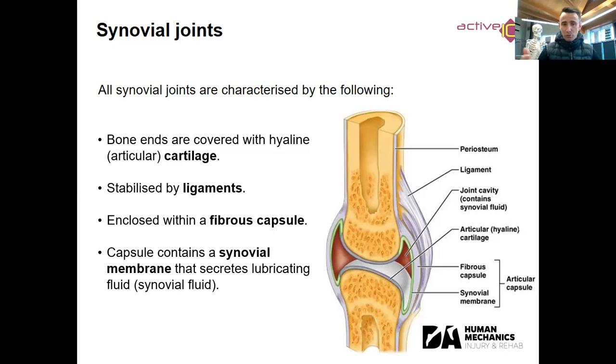It secretes this lubricating material, which is your fluid, allowing fluid to seep in to lubricate the joint. But through impact, through wear and tear, or even as the day progresses, we lose some of this fluid because of compressive forces, which is fairly normal. The purpose of the fluid is to allow lubrication for nice, smooth movement.